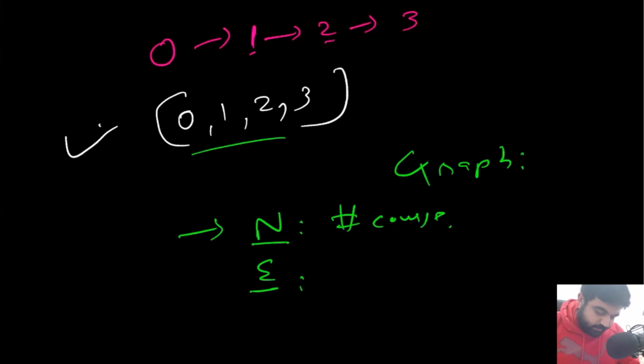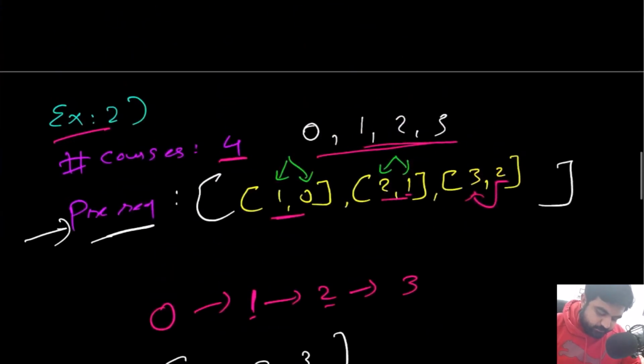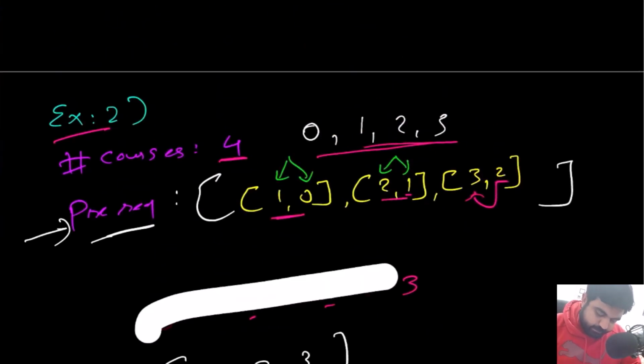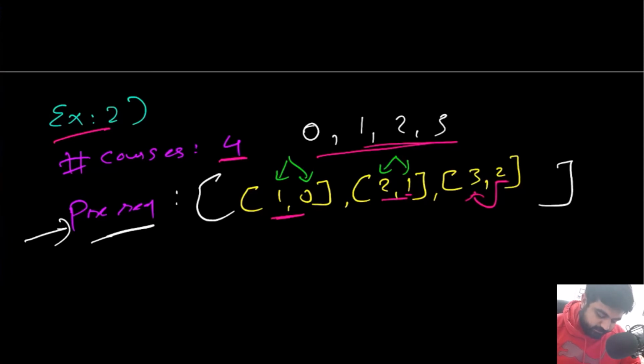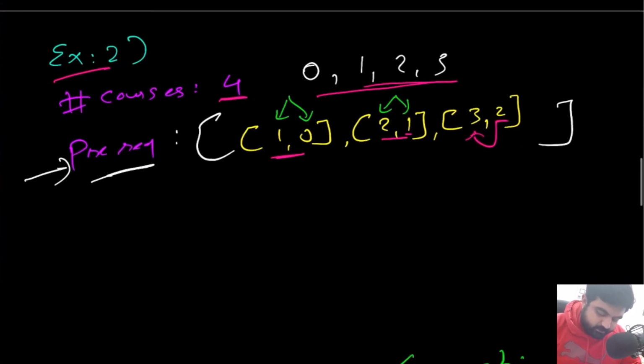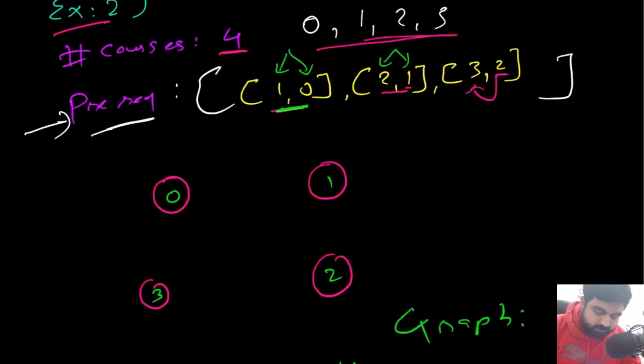results. Now in this case, for an example, just consider this example and let's try to draw a graph. So first one, okay, we are given 4 courses, so we are going to draw 4 nodes. So the first prerequisite is that we need to complete course 0 in order to complete course 1, which means 0 is a prerequisite for course 1.